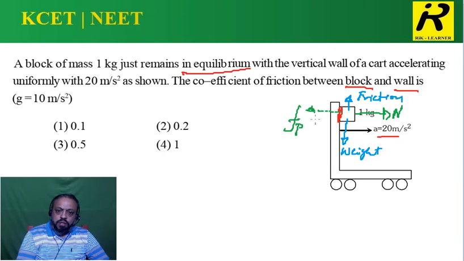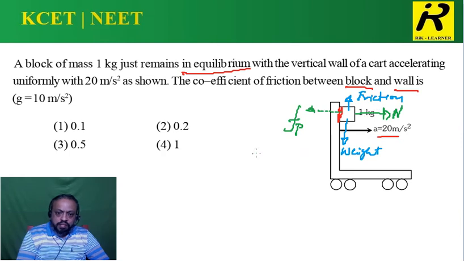This pseudo force will appear only because the cart is being accelerated to the right. So when the cart is accelerated to the right, the block will get a pseudo force to the left, and this force will produce an interaction at the wall, so that the wall will produce a normal reaction on the block. That is N.